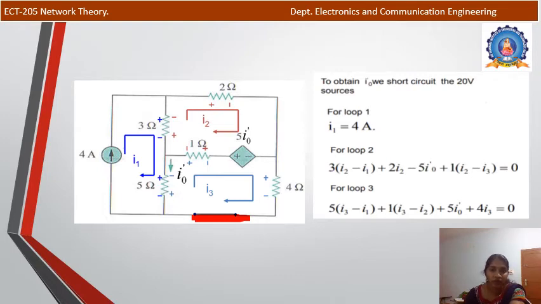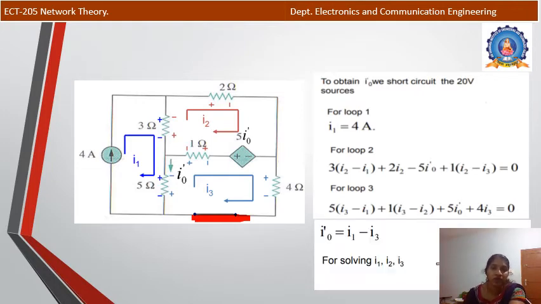And next loop 3, that is 5 into (I3 minus I1) plus 1 into (I3 minus I2) plus 5I0, that is the dependent voltage source, plus 4I3 equal to 0. So here we got I0 dash, that is the current through the 5 ohm resistance due to the 4 ampere source.